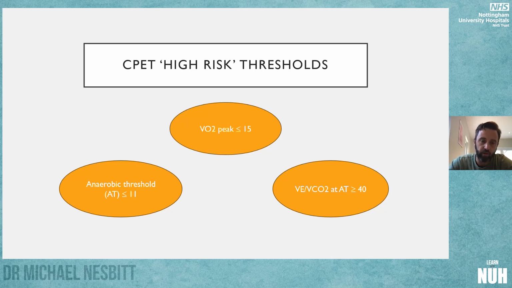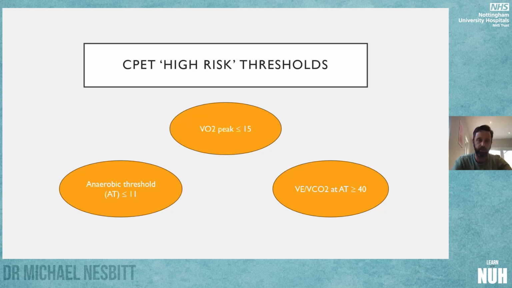So that's the ratio of minute ventilation, or VE, to carbon dioxide production at anaerobic threshold. Overall, that's a measure of gas exchange efficiency, and a value of greater than 40 at anaerobic threshold has been associated with poorer long-term outcomes.